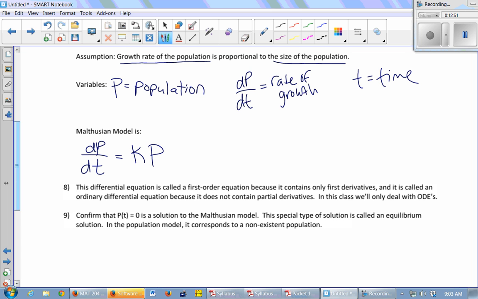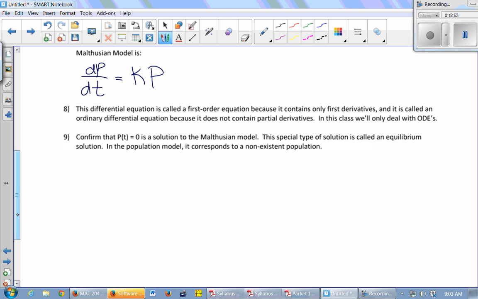All right, so let's confirm that the function P(t) equals 0, the zero function, that's just a flat line, the x-axis, is a solution to the Malthusian model. Okay. So I'm just going to plug P(t) into this equation and show that the equation is true.